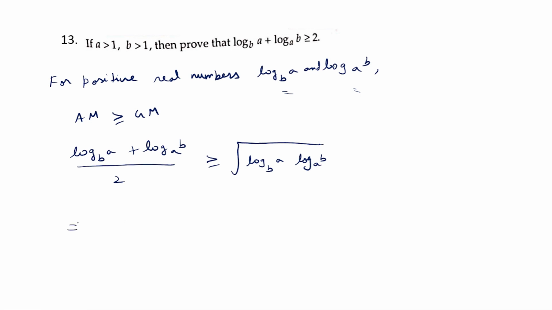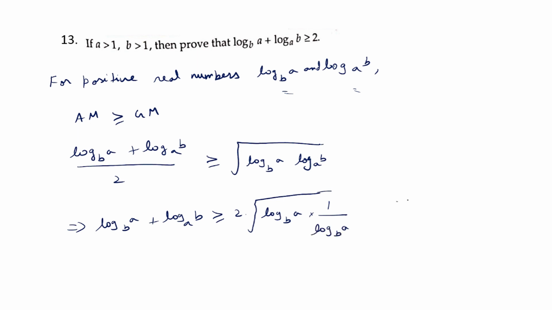As a result, from this we get log a to the base b plus log b to the base a is greater than or equal to 2 into root of log a to the base b into 1 by log a to the base b, since log b to the base a equals 1 by log a to the base b.